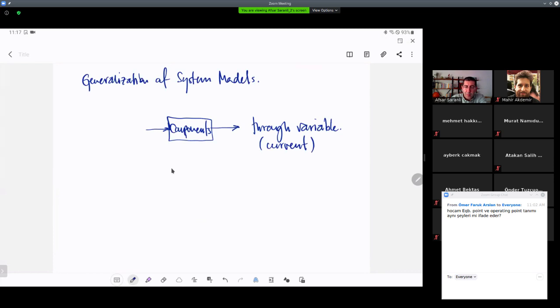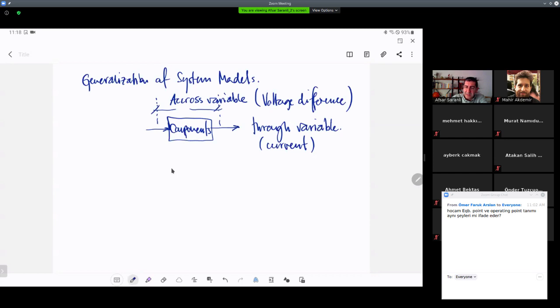Also, every component will have an across variable, okay? Let's call this the across variable. Obviously, in electrical circuits, this is our voltage difference. Okay?